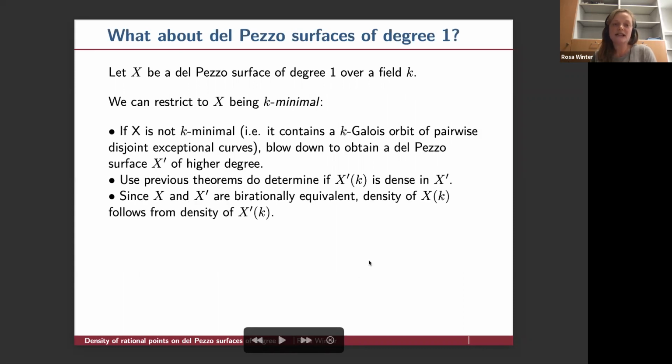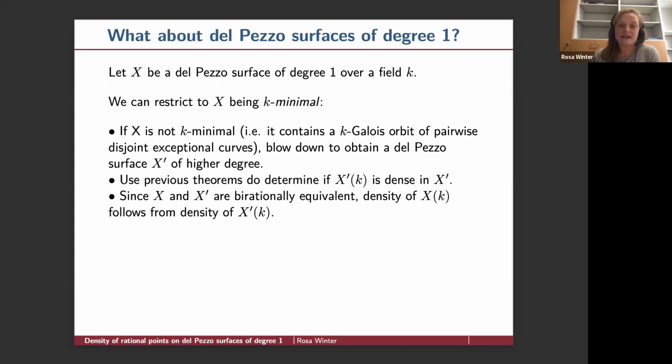If the surface is not k-minimal, which means that there is a Galois orbit of pairwise disjoint exceptional curves, you can blow down this whole orbit, and you get another Del Pezzo surface of higher degree. So we can use the previous theorems to determine if the set of rational points on the Del Pezzo surface of higher degree, X', is dense in X'. But since X and X' are birationally equivalent, the density of X(k) follows from the density of X'(k).